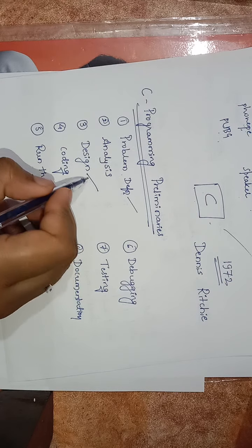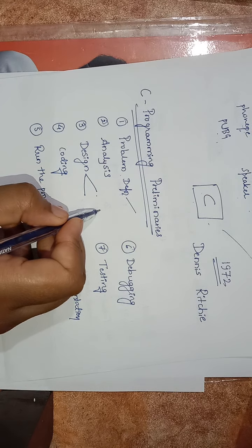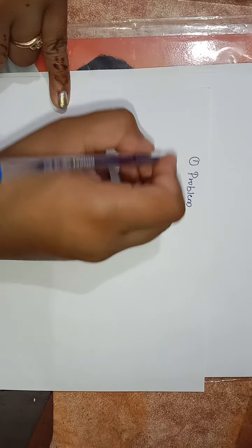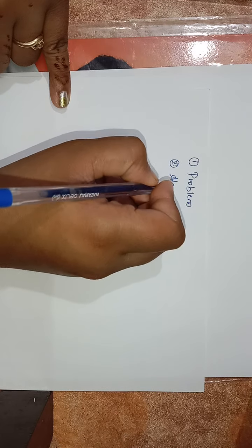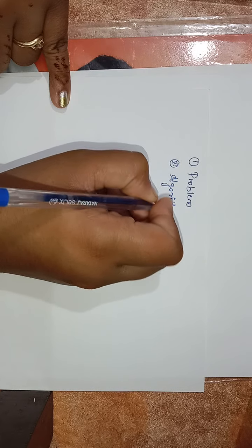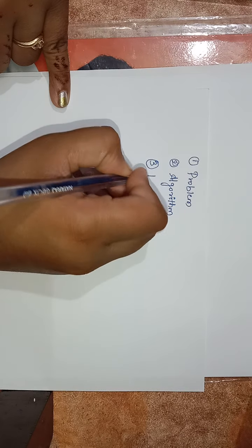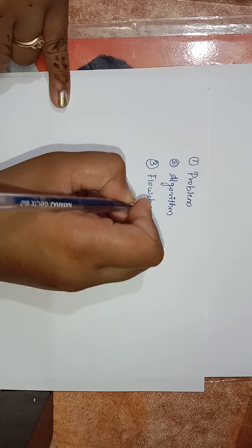So now, in designing the program, we again have two types, algorithm and flow chart. So they are our preliminaries. This is the very important thing to start solving any problem by using the programming language or by using the computers.